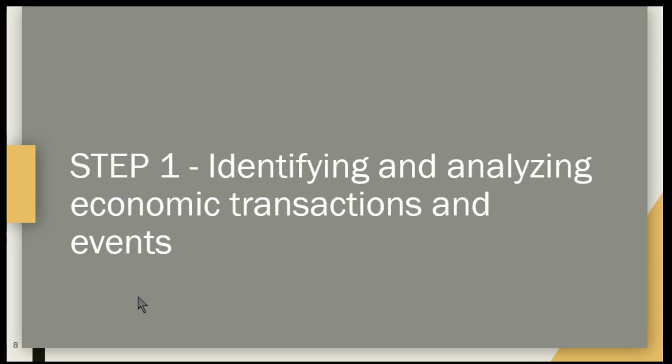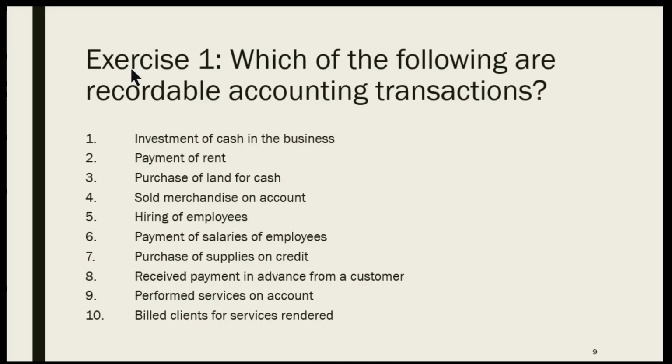Step 1, identifying and analyzing economic transactions and events. We have here exercise 1, if you can remember our lesson before. You need to identify and analyze if the transactions are accounting or accountable or recordable transactions.